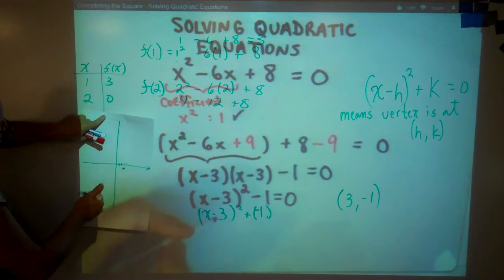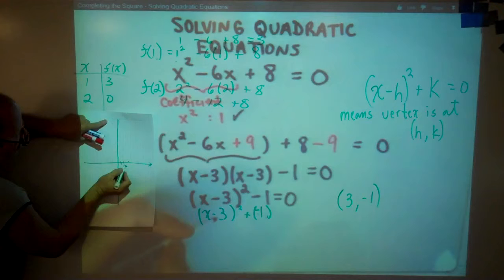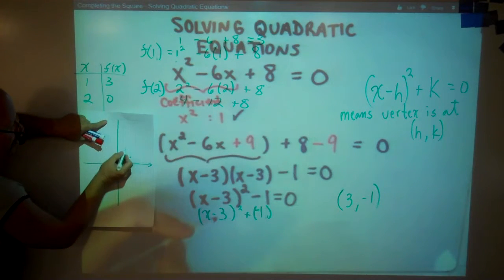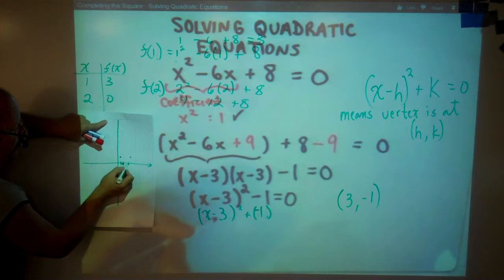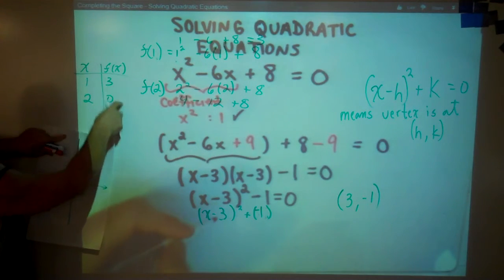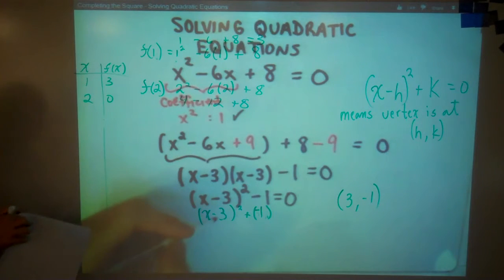And so we find 2 points on this side, and we mirror those points on the other side because the vertex also contains the axis of symmetry, and we can just graph our parabola by finding 2 points once we find the vertex.